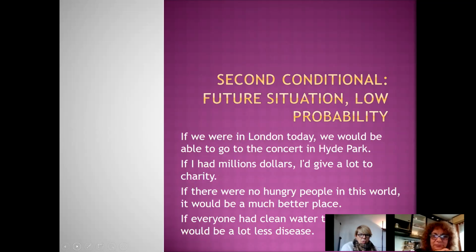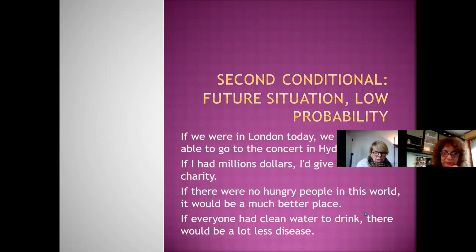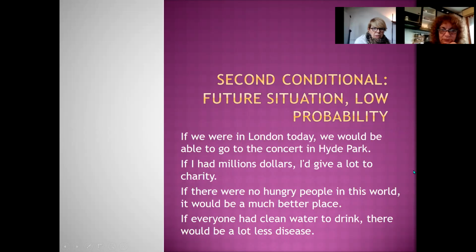If there were no hungry people in this world, it would be a much better place. If everyone had clean water to drink, there would be a lot less disease.